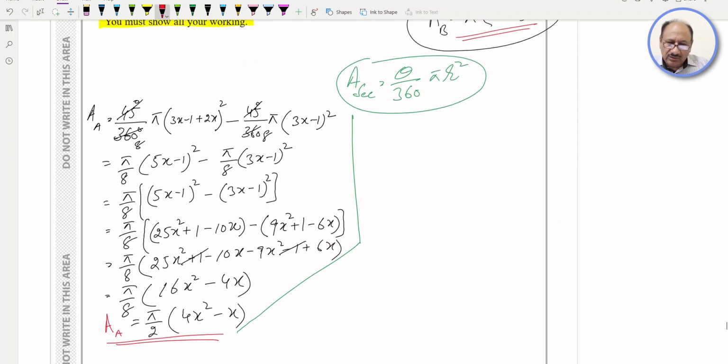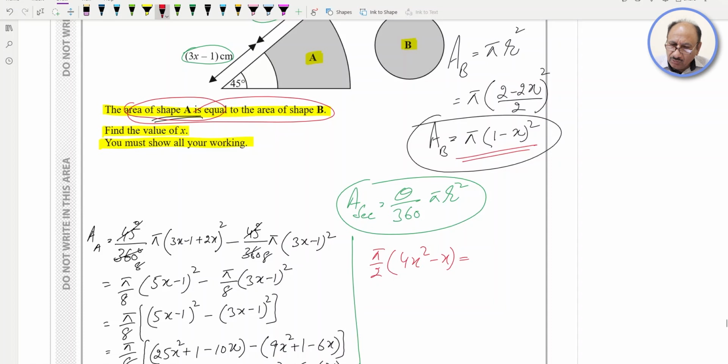I'll change the color for your better understanding. So pi by 2 into 4x squared minus x, this is the area of A which I have copied, is equal to the area of B, which is pi into 1 minus x squared.